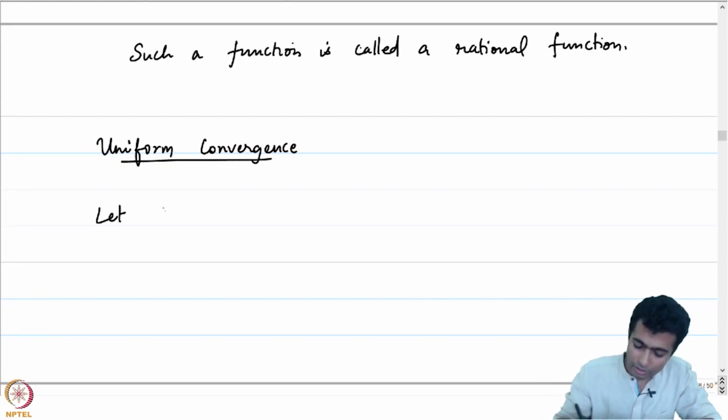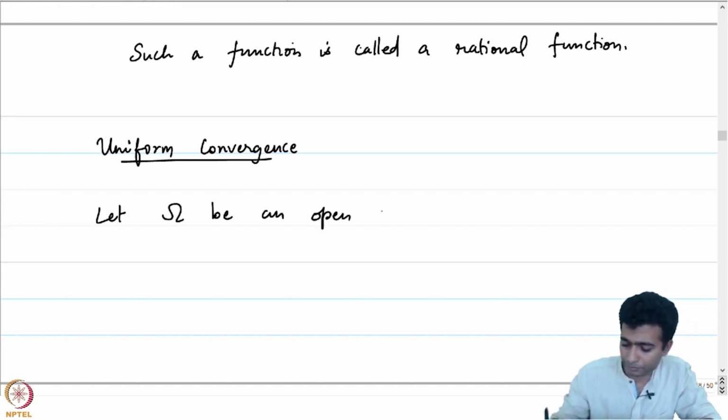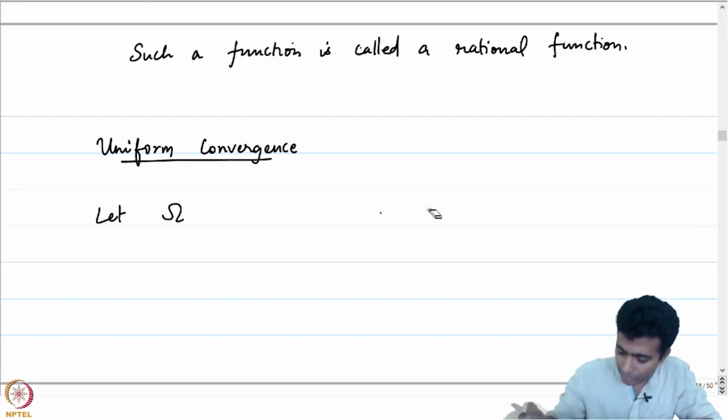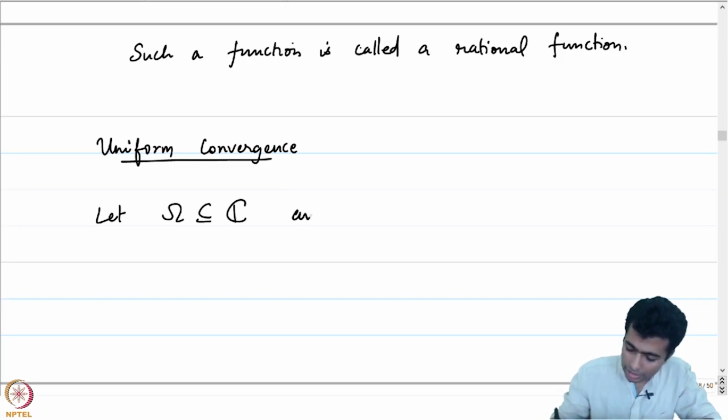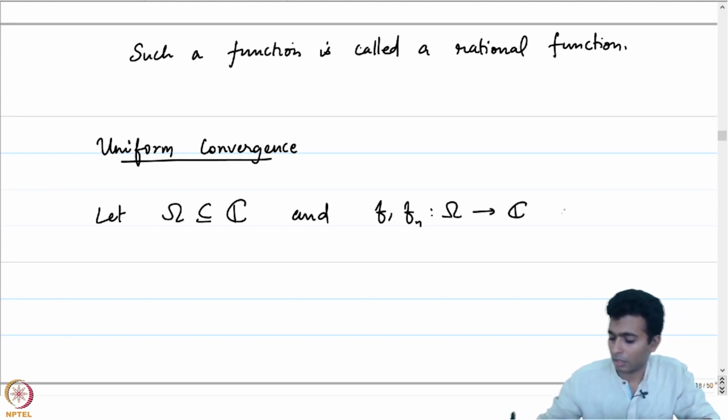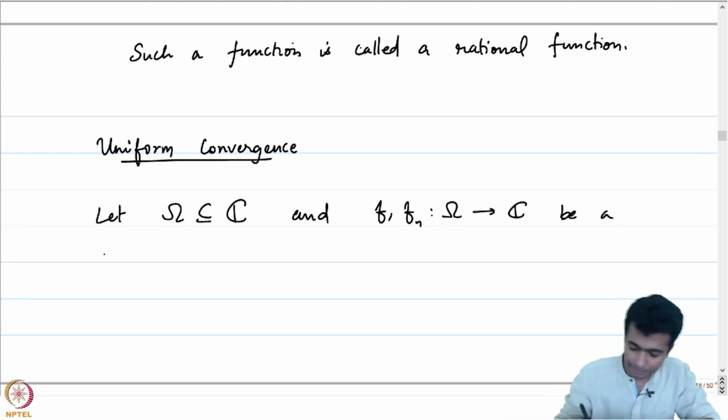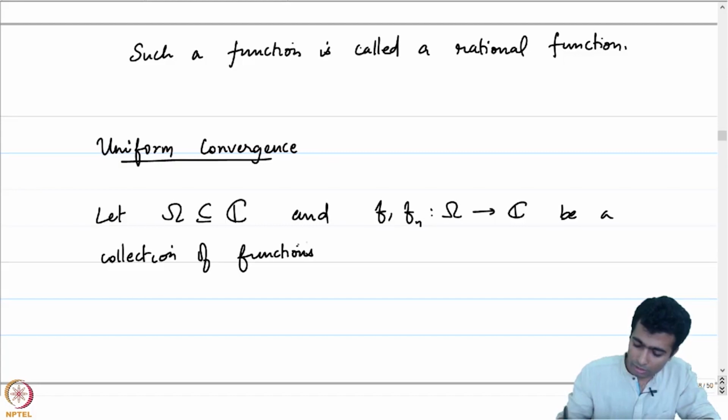Let omega be any subset contained in C, and let Fn from omega into C be a collection of functions defined on omega.